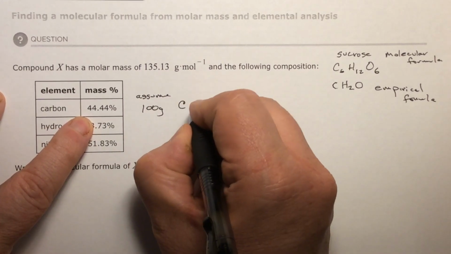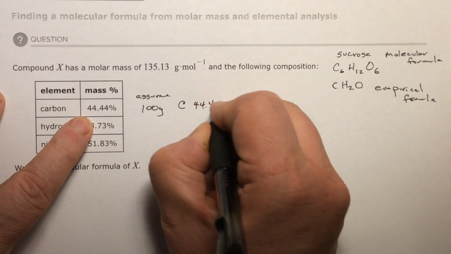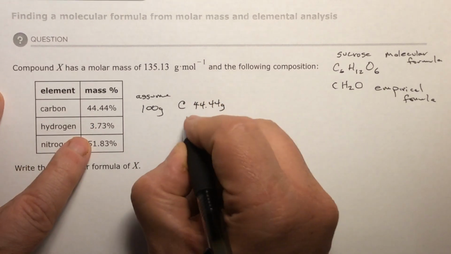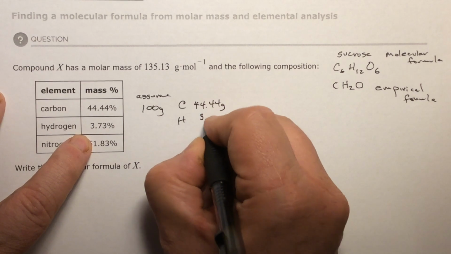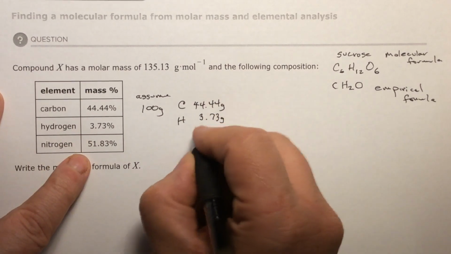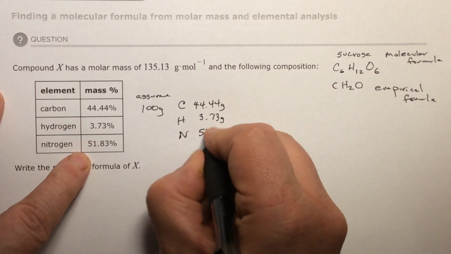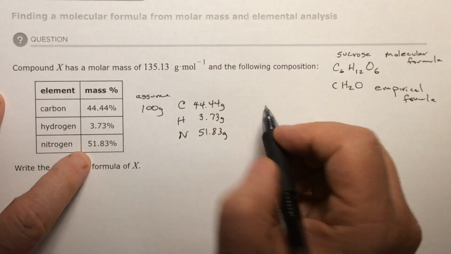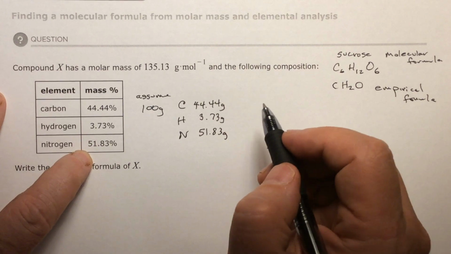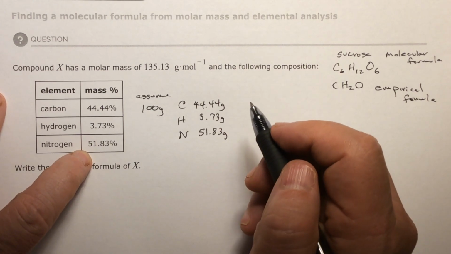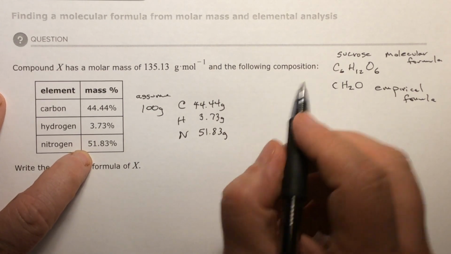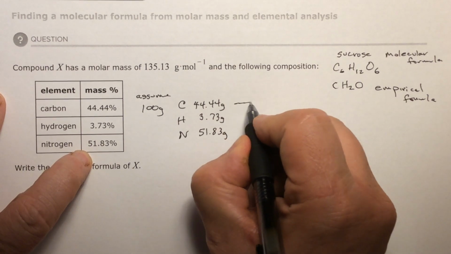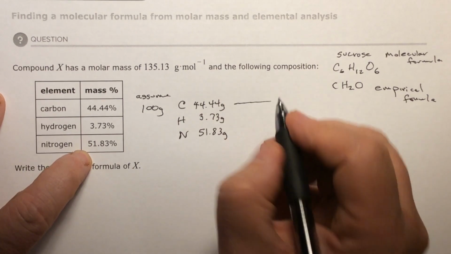So carbon, I'm going to have 44.44 grams of carbon. Hydrogen, I'm going to have 3.73 grams of hydrogen. And nitrogen, I'm going to have 51.83 grams of nitrogen. I'm going to turn it into moles because moles is a number and I can compare numbers to numbers and find ratios. So I divide by the molar mass that I get from the periodic table.